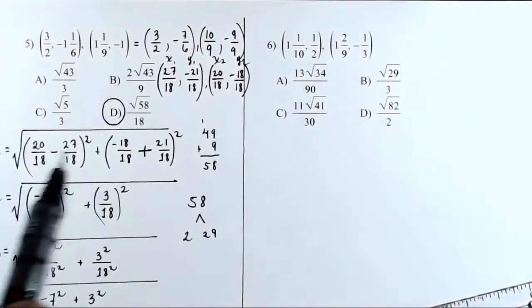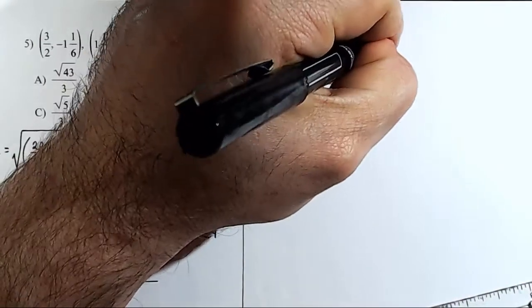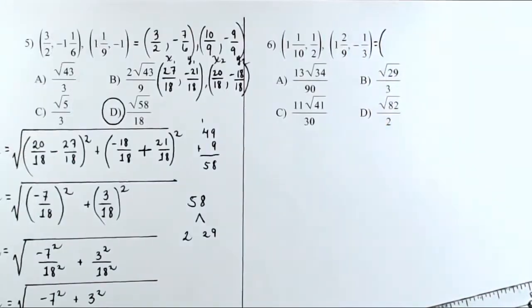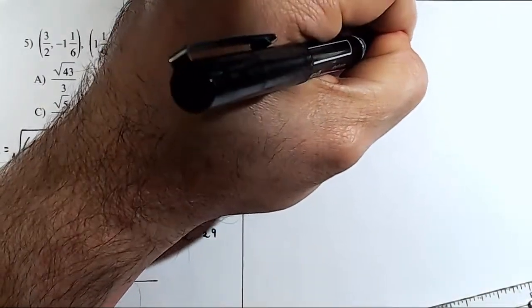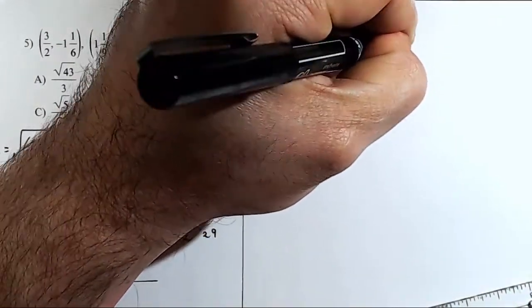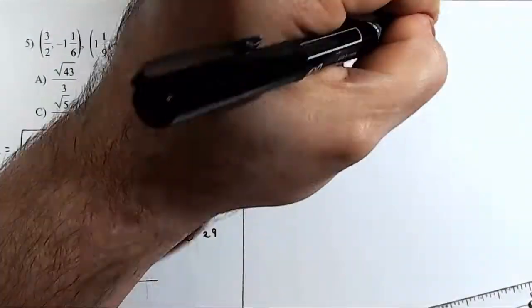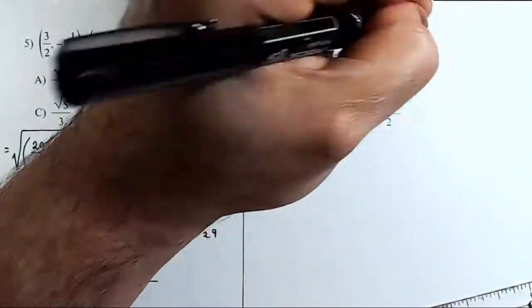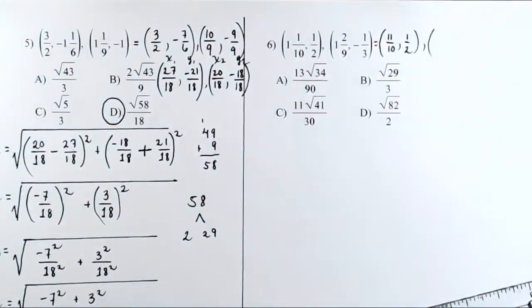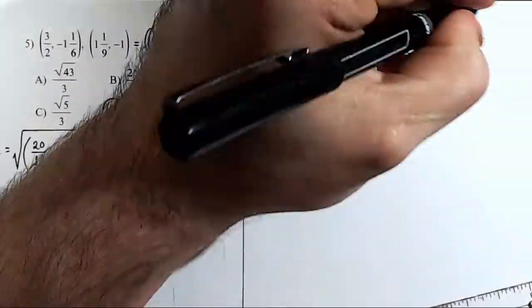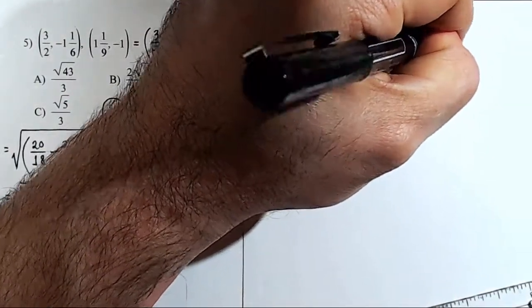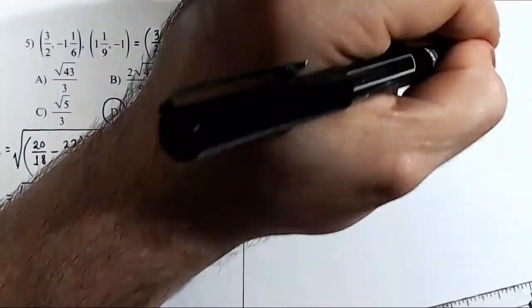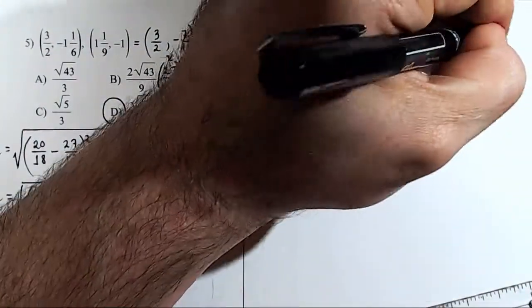First, I've got to convert these into improper fractions. So that would be 10 times 1 plus 1, 11 tenths, comma, 1/2. And 9 plus 2 is 11 ninths, comma, -1/3.